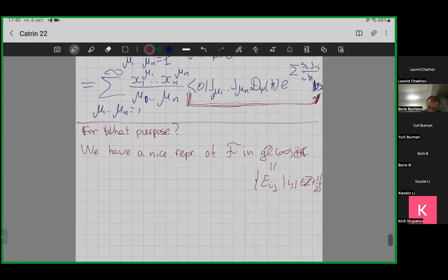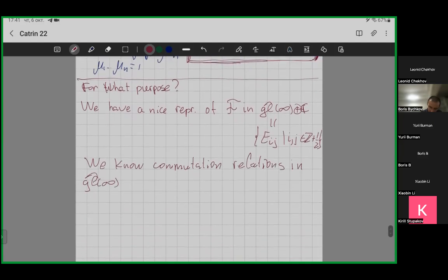And again we compute, and we know the commutation relations in this GL infinity, and compute like all j plus to the right and j minus to the left.